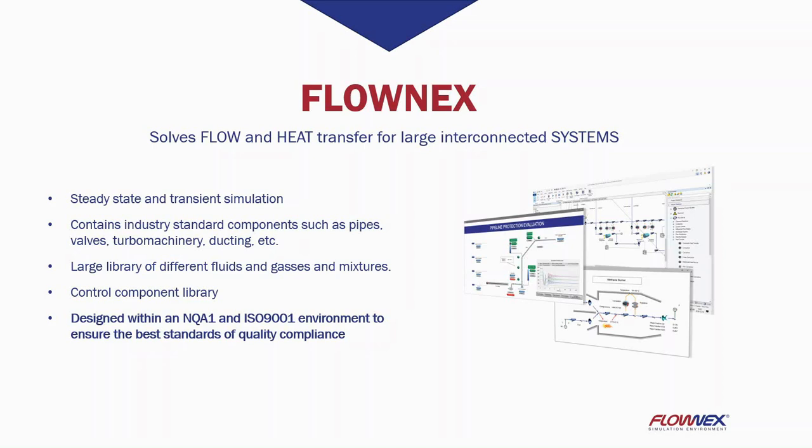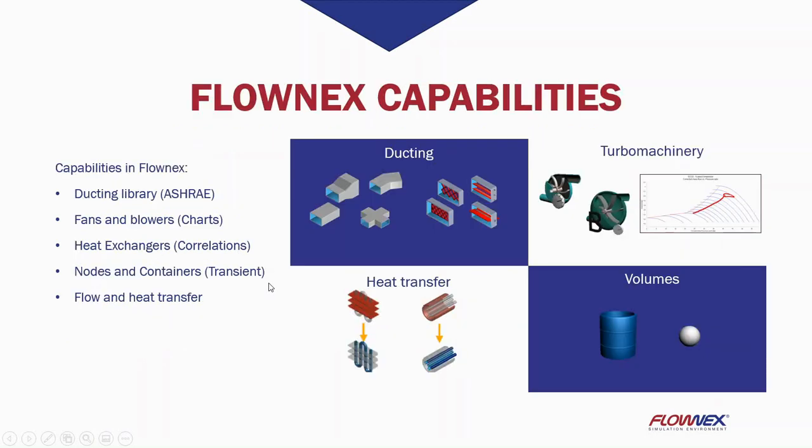So, Willie, specifically, what can Flownex offer engineers who are in the HVAC industry? Yes, so Marinus, first and foremost, Flownex contains various ducting components which are derived from the ASHRAE duct fitting database. Flownex further contains fans and blowers where the design engineer is capable of adding their own fan or blower charts.